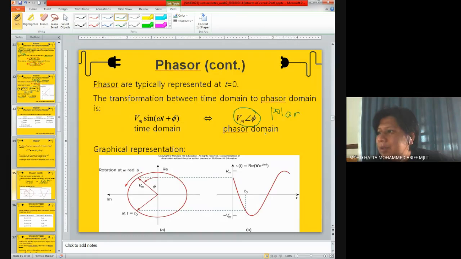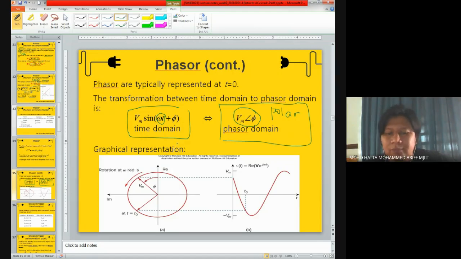And please remember, this polar form can also be converted into rectangular form. So rectangular and polar form both fall into phasor domain representation. For time domain representation, you see that we have time involved in our equation.